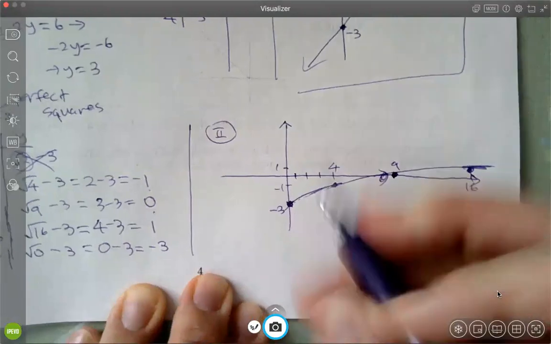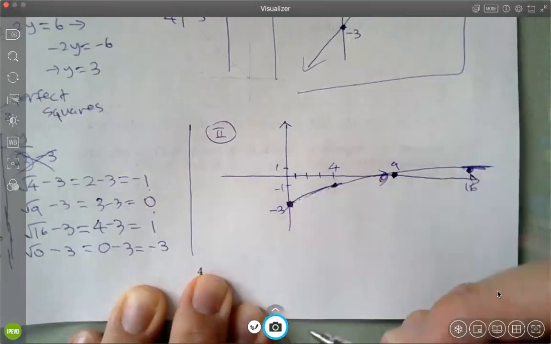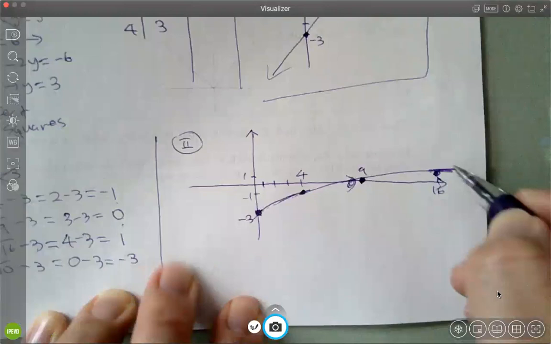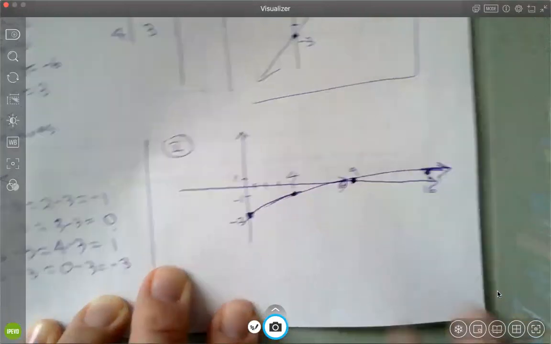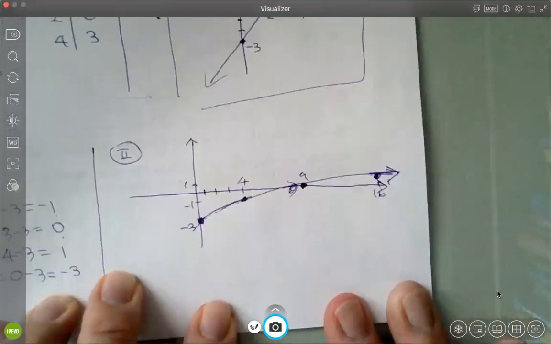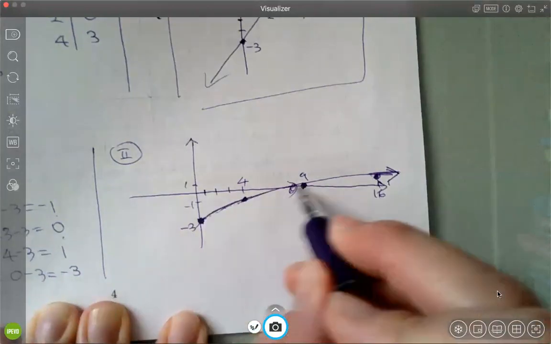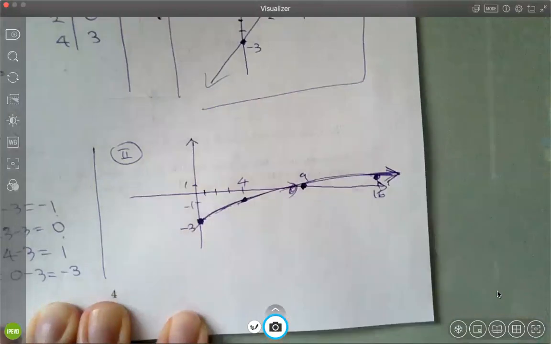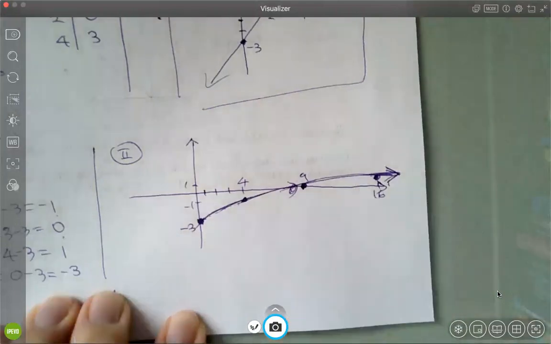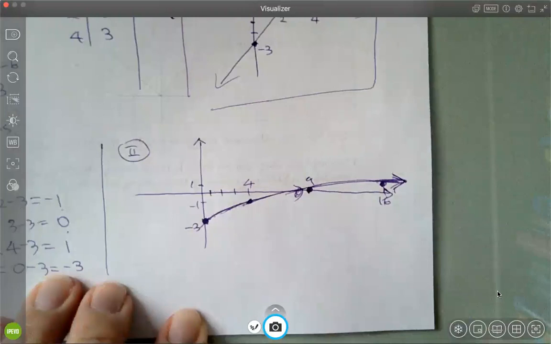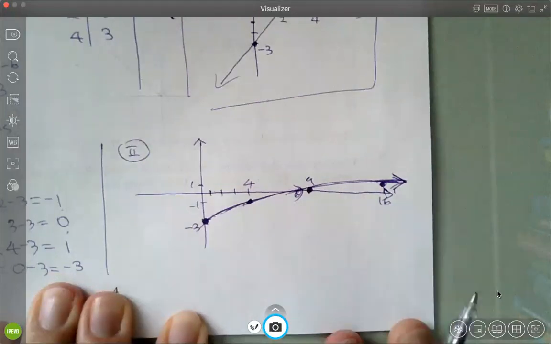It doesn't go this way. However, does it extend this way along the positive x direction? And the answer is yes. So the graph starts right here, and then it forms this slight uphill, and then it just keeps slowly increasing. So that is the graph of square root of x minus 3.